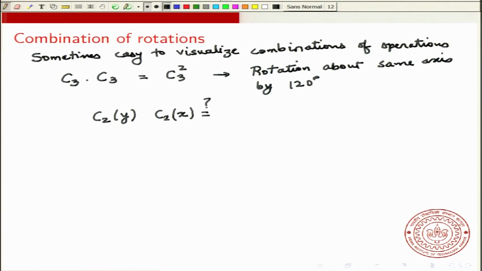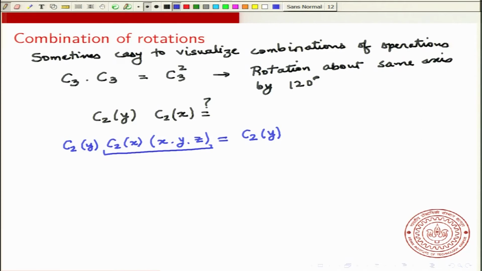So, let us consider an arbitrary point. If I take C2 of x operated on an arbitrary point, then by the same thing we just saw, the C2y is as it is.